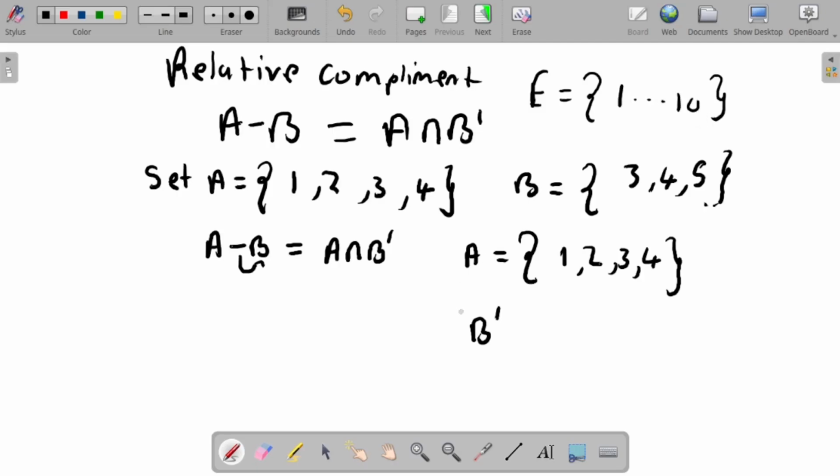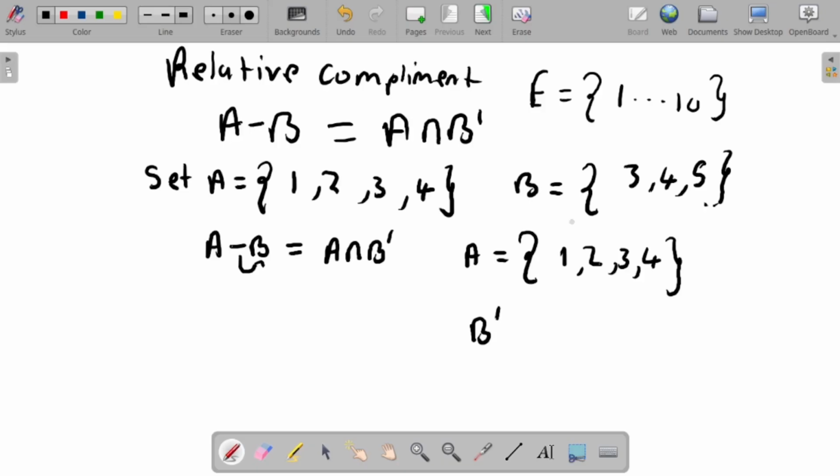If that is our universal set, and A and B are subsets of the universal set, meaning both A and B are coming from the universal set, then how is our B complement going to be? So we are looking at elements that are not found in B, but they are present in the universal set. I repeat, we are looking for elements that are not found in B, but they are present in the what? In the universal set. So let's compare.